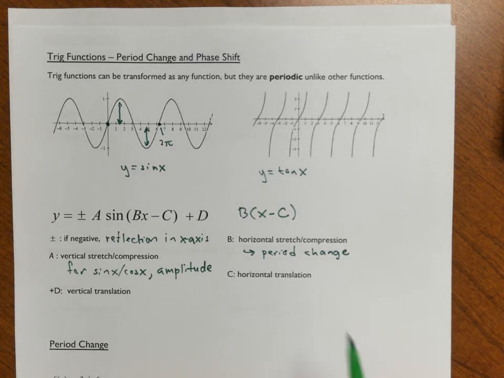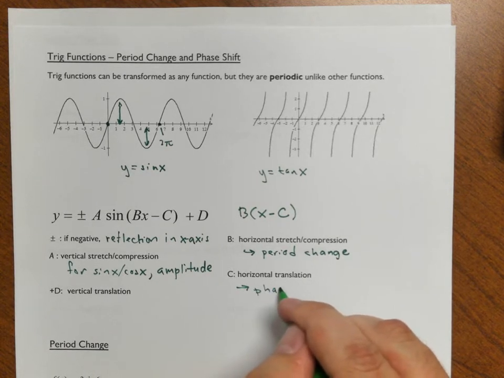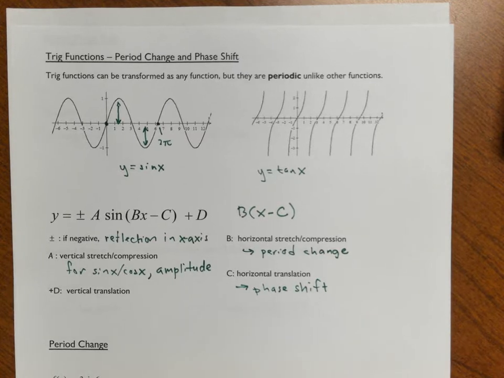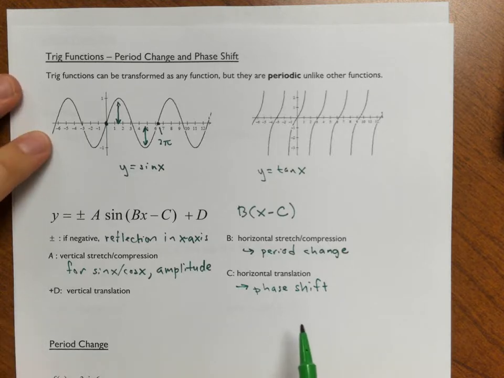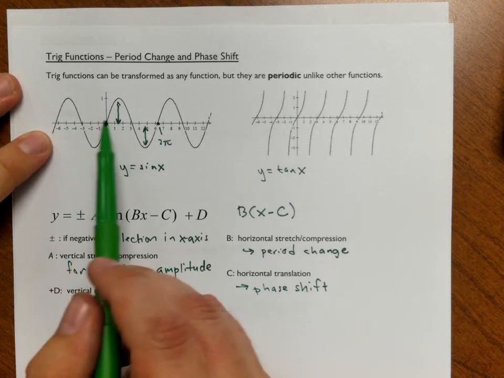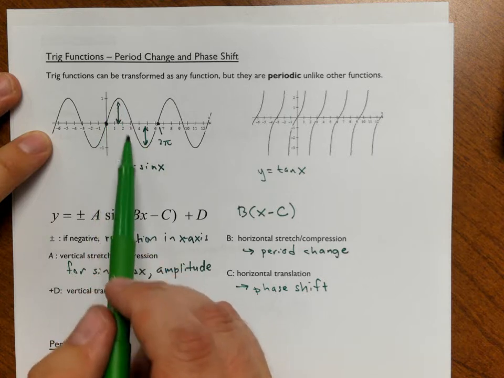For something periodic, a horizontal translation has a special name, which is called a phase shift. It's mostly just a fancy name for a horizontal translation, but the idea is if I translate this a little bit to the right or left, as I look from 0 to 2 pi, I'll still see one full period.